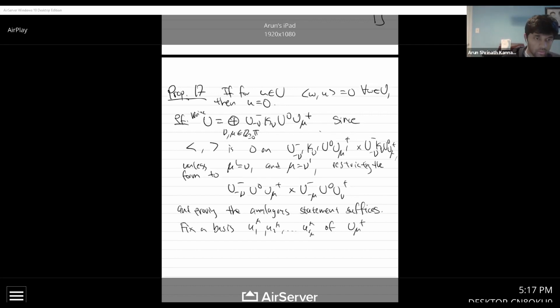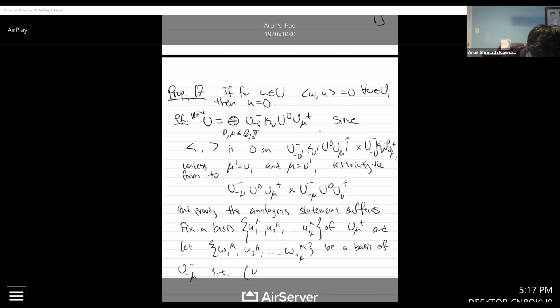So we fixed μ, and then you fix a basis of U_μ^+, and similarly, let the following basis w_1^μ, w_2^μ, up to w_{r_μ}^μ be a basis of U^{-}_{-μ}, such that these two bases are dual with respect to the form.